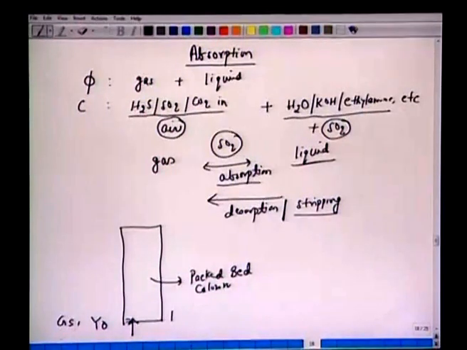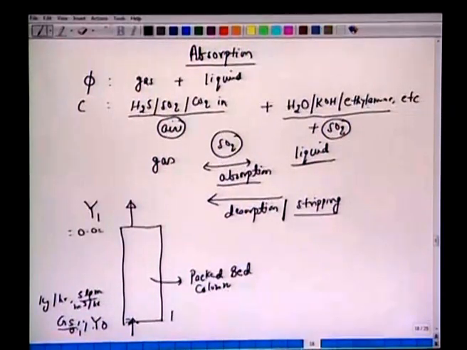Again on a solute-free basis, that is sulfur dioxide-free basis, the flow rate is given in kg per hour or standard liter per minute, or certain cubic meter per hour, etc. Say the gas contains 1% or 0.1% sulfur dioxide. We have been asked to reduce this concentration to Y1, say 0.0001%, before this goes into the atmosphere.